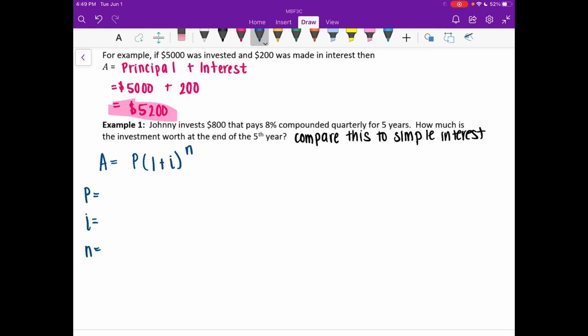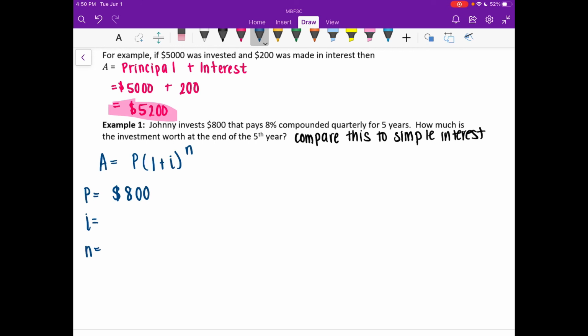So let's see what the initial investment was. Johnny invests $800 that pays 8% compounded quarterly for 5 years. Let's start with our principal. Our principal is $800. He put $800 into his account. It pays 8% compounded quarterly.